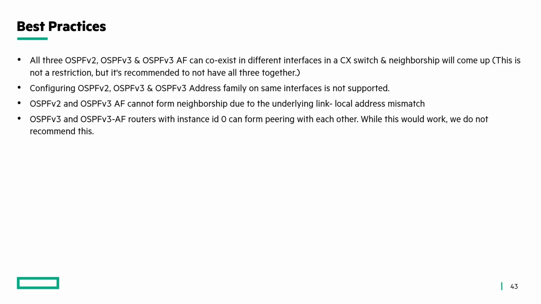Configuring OSPFv2, v3 and v3 address family on the same interfaces is not supported as of 10.15. OSPFv2 and v3 AF cannot form neighborship due to underlying link local address mismatch. OSPFv3 and v3 AF routers with instance ID 0 can form peering with each other. Well, this would work, we do not recommend this.